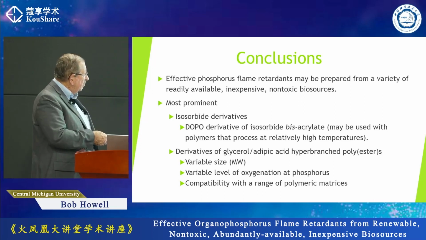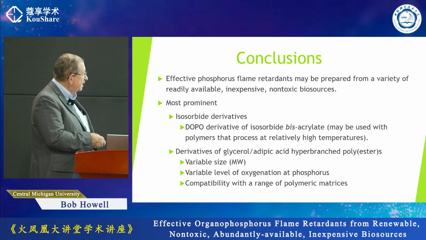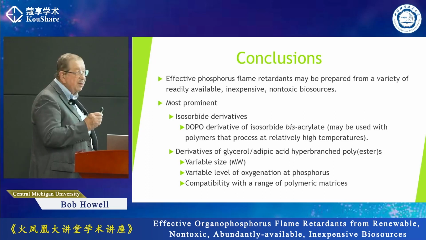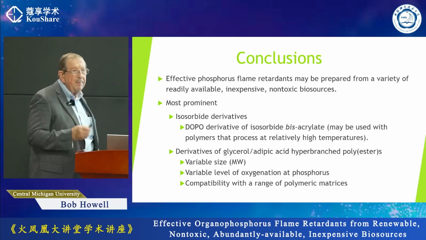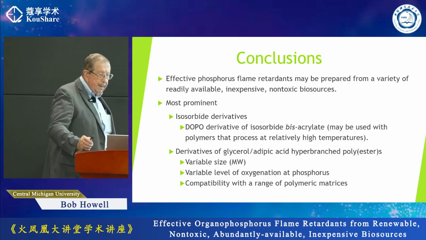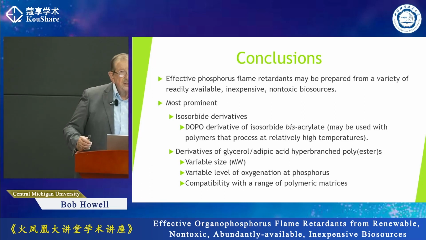You can get variable levels of oxidation of phosphorus, and you get things that are compatible with a wide range of polymers. So they have great potential. I think the future flame retardants are either going to be reactive or oligomeric. We somehow have to get around, one, the migration from the polymer matrix, and the fact that having the additive may contribute to flammability.